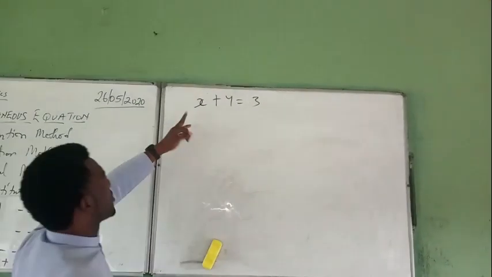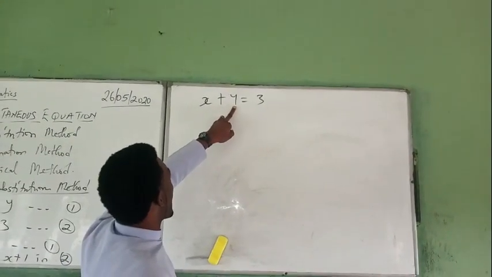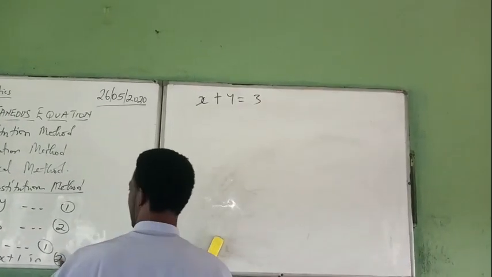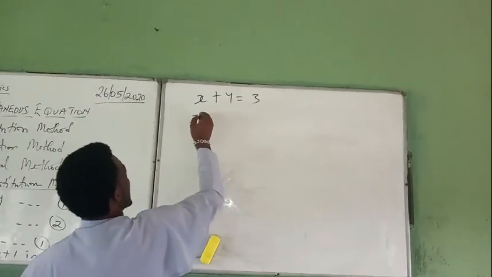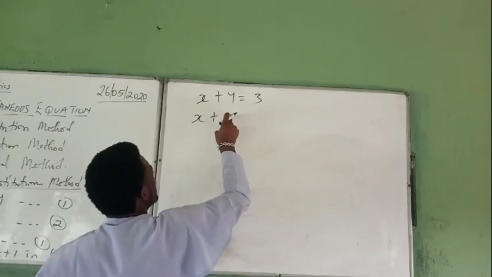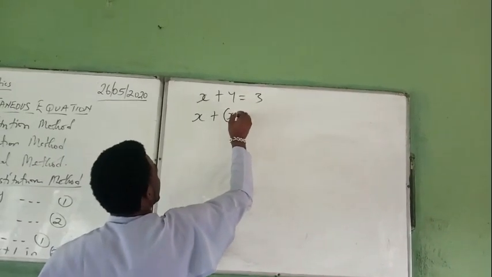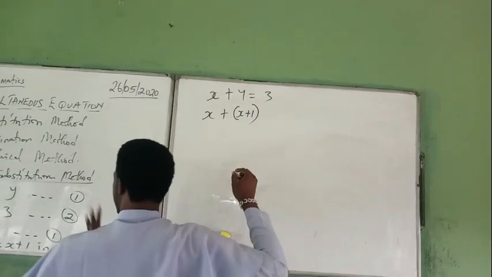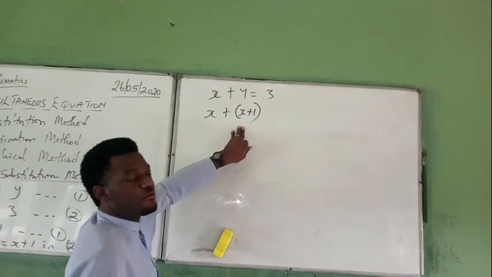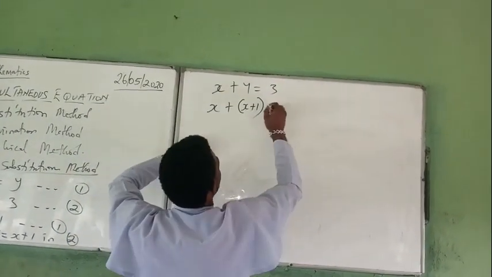In doing the substitution, this y will be replaced with x plus 1. So instead of writing y, you write x plus, in brackets, x plus 1, which is the equivalent value of y in equation 1, is equal to 3.